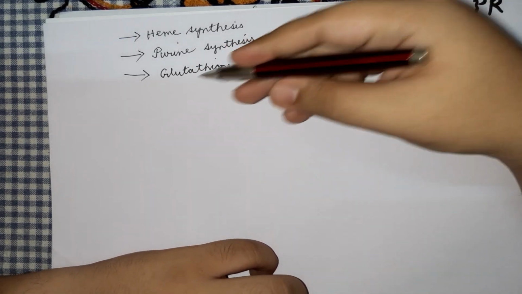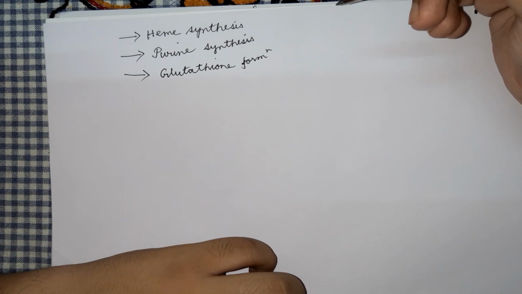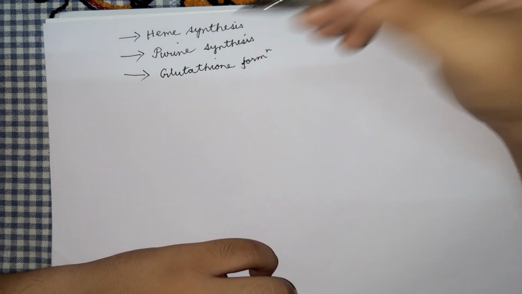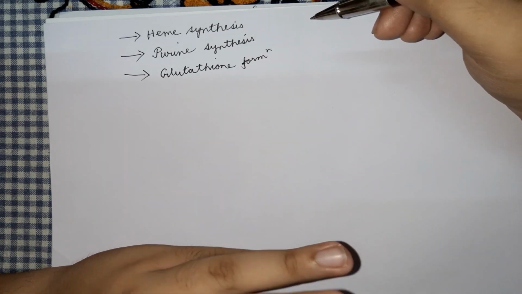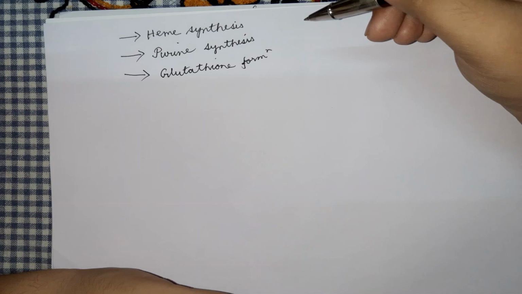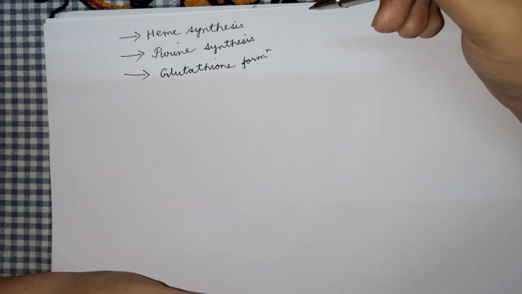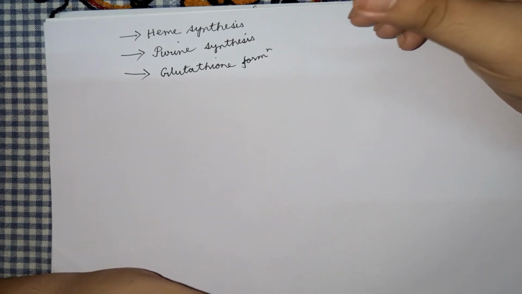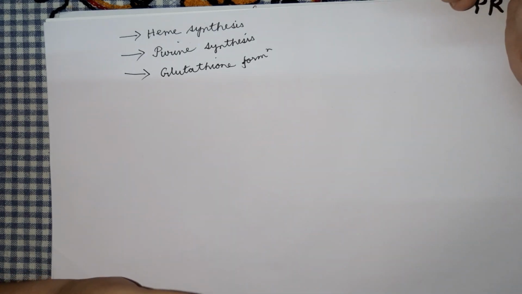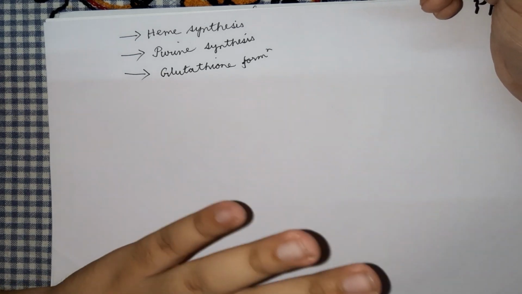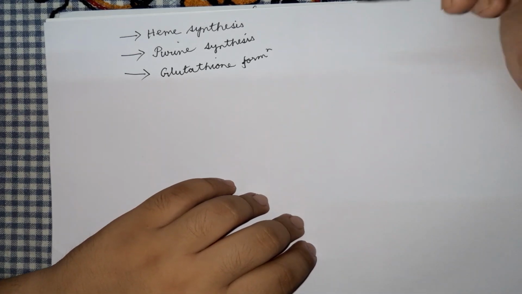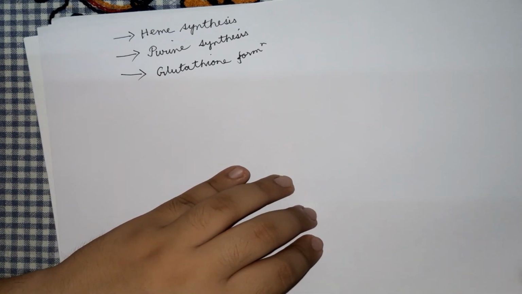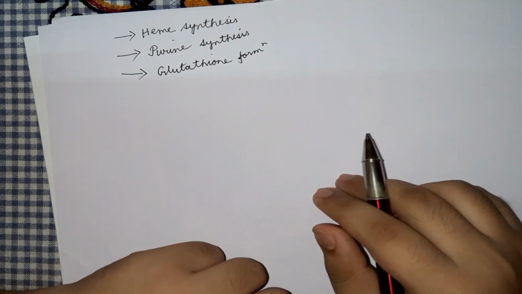There are three amino acids forming glutathione: glutamate or glutamic acid, cysteine, and glycine. So glutathione formation is also a very important function of glycine, since glutathione is a very important antioxidant in our body, and it protects our body cells from all kinds of destructive superoxides and peroxides which will rupture the membrane and lead to damage. Being an antioxidant, it's a very important molecule for our body, and glycine is one of its constituents. All right.